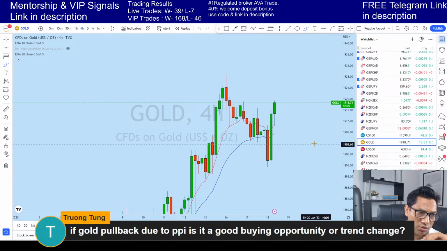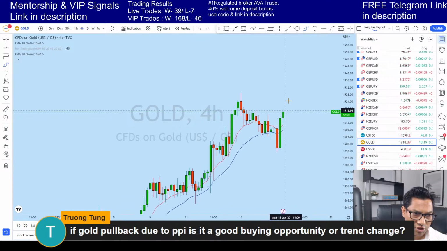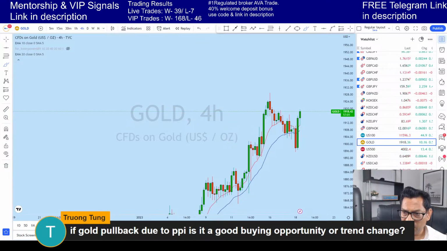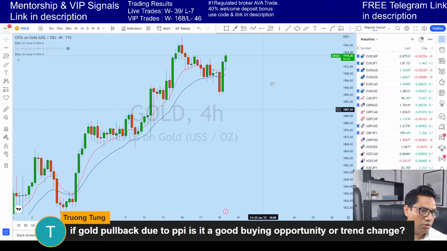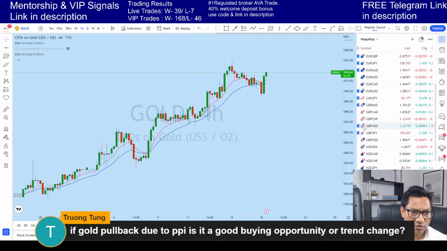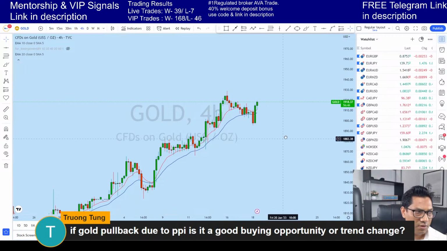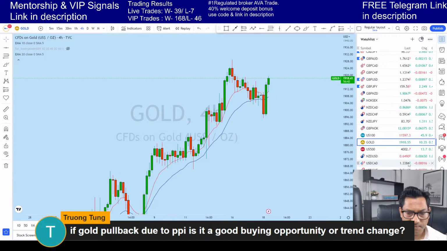I don't see any probability of a change of trend on gold. The market structure is still valid, the trend is valid, so I'll not be a seller on gold, because this market is in fact very strongly bullish. Unless we see a very strong breakdown and reversal, we can still consider gold to be bullish.